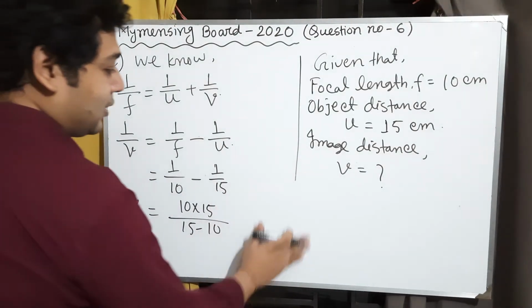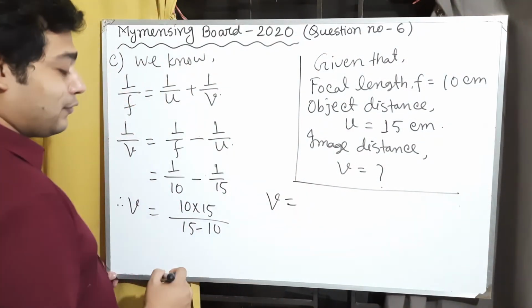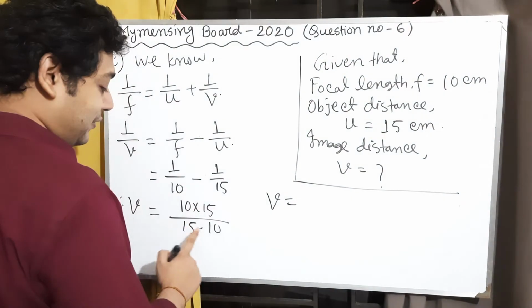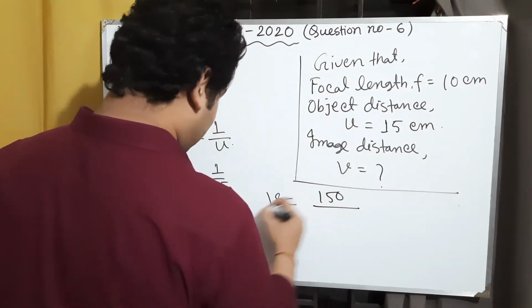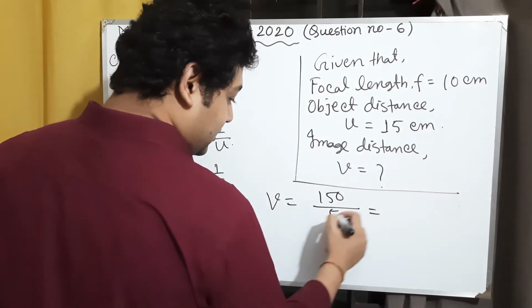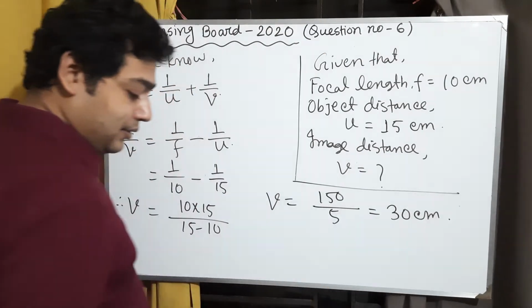After calculating, we get v is 150 by 5, so 30 centimeter.